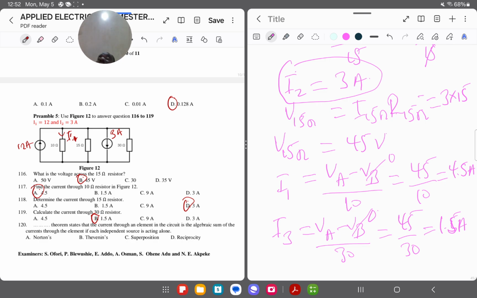So this is the superposition theorem. So the answer here is C.